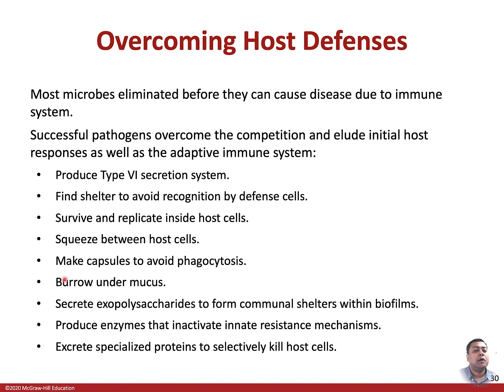They can also burrow under the mucus. For example, in our gastrointestinal lining, Helicobacter pylori can get into the mucus layer of the stomach and survive in that condition. Remember that in the stomach, the pH is probably around 1 or 2 due to the hydrochloric acid secretion. Helicobacter pylori can live in that pH, but the reason is not that it is an acidophile.